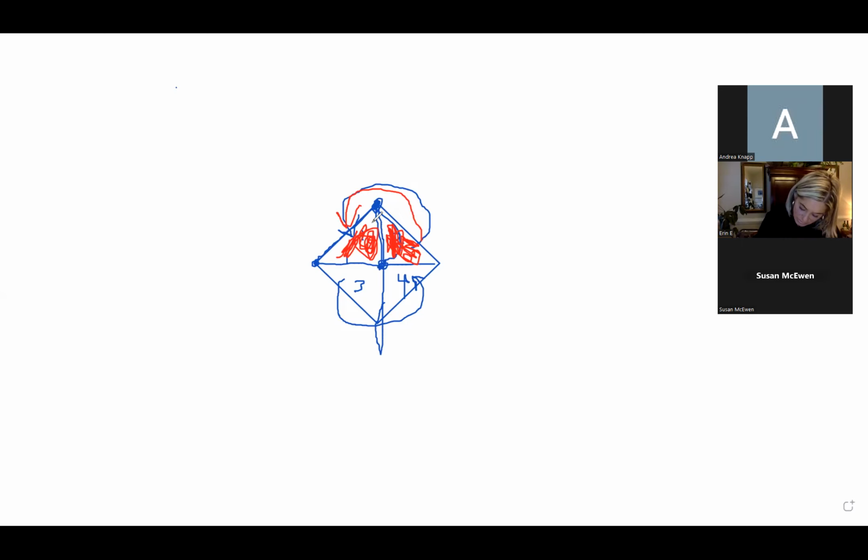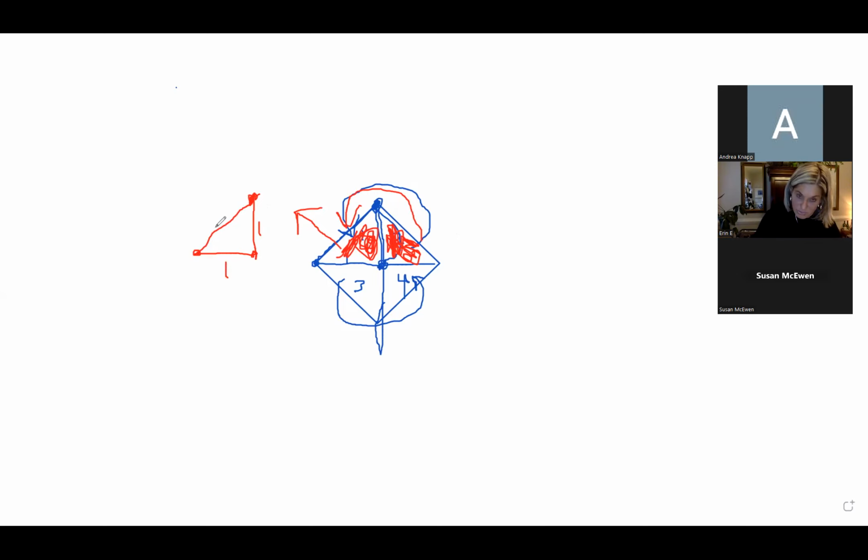Okay, now I'm going to pull this triangle out so we can just examine this one right here. So there's my geoboard. This is a length of 1. This is a length of 1.